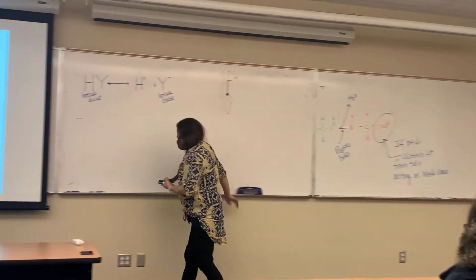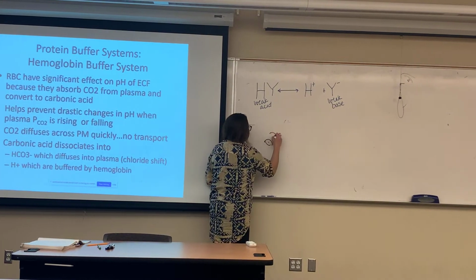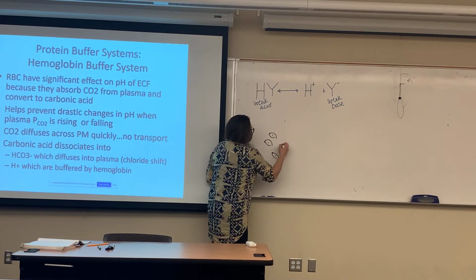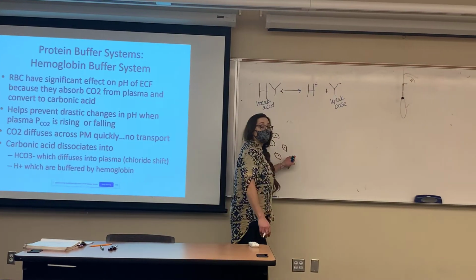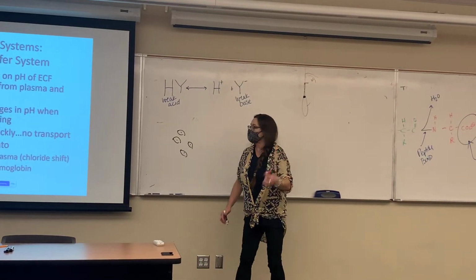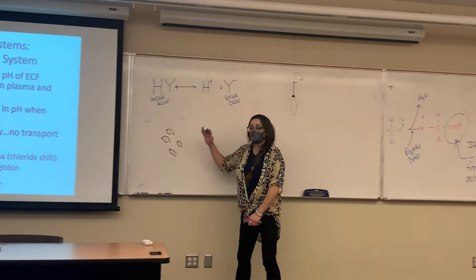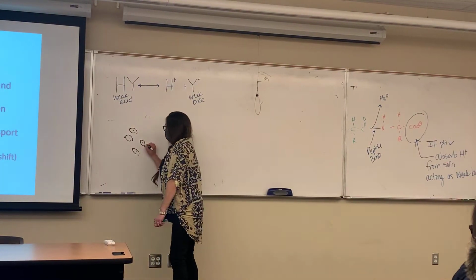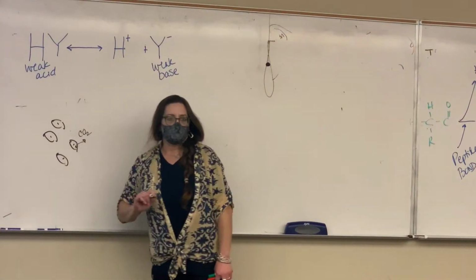Okay, this is what we have learned so far. We said that if you've got cells out in your body, your cells are using oxygen to make ATP. And as these cells are using oxygen to make ATP, they are producing and releasing CO2, okay?